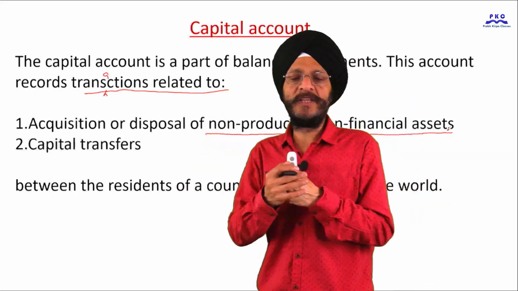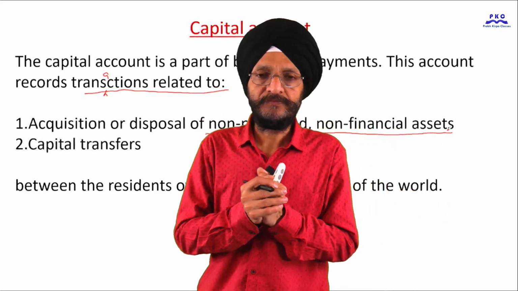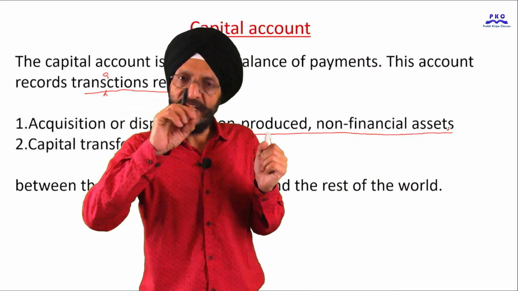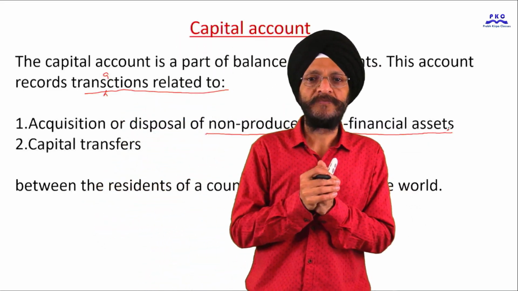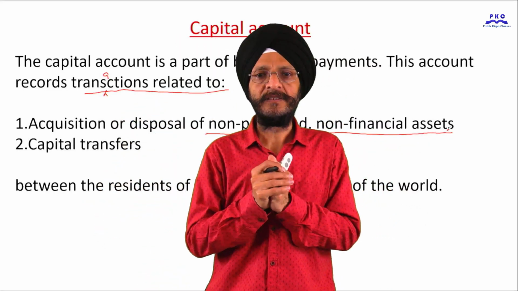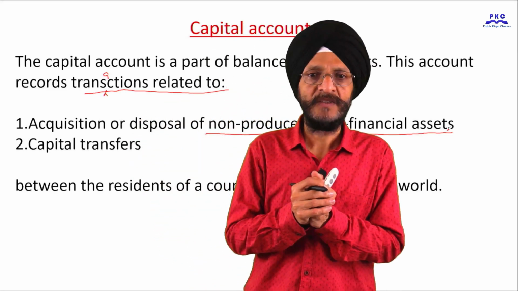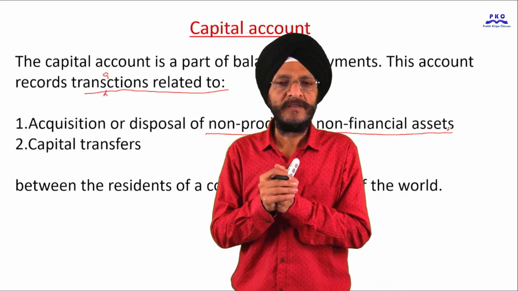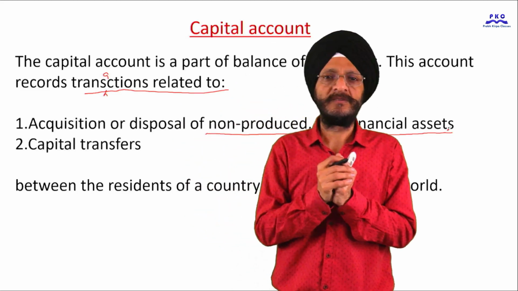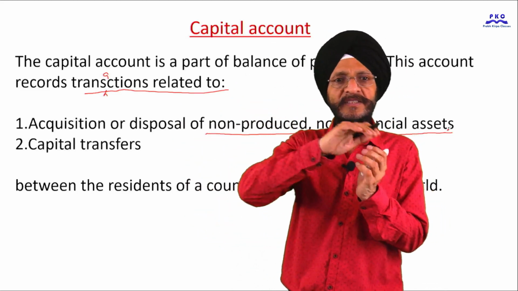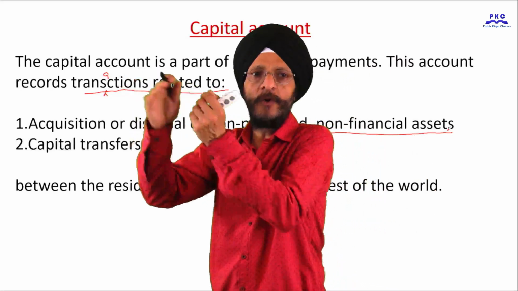They occur naturally, or some intellectual work is involved therein. For example, land, natural resources such as mining rights, fishing rights, logos, trademarks, copyrights, all these come under non-produced and non-financial assets.